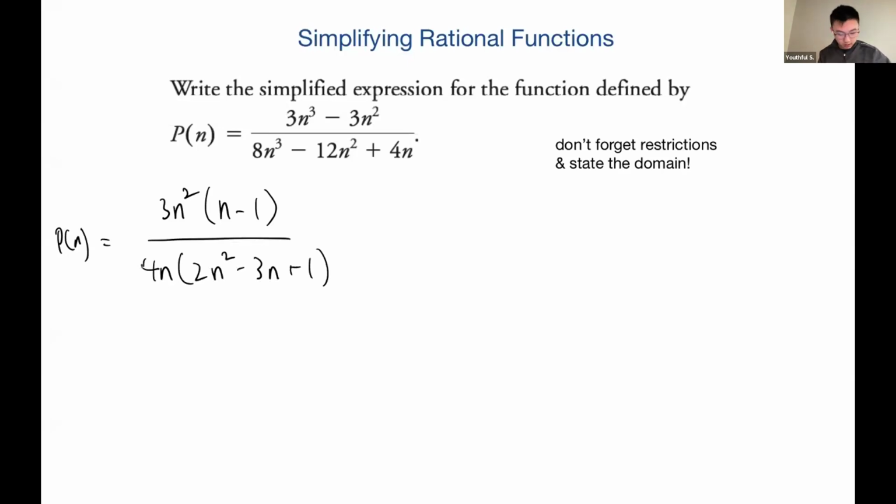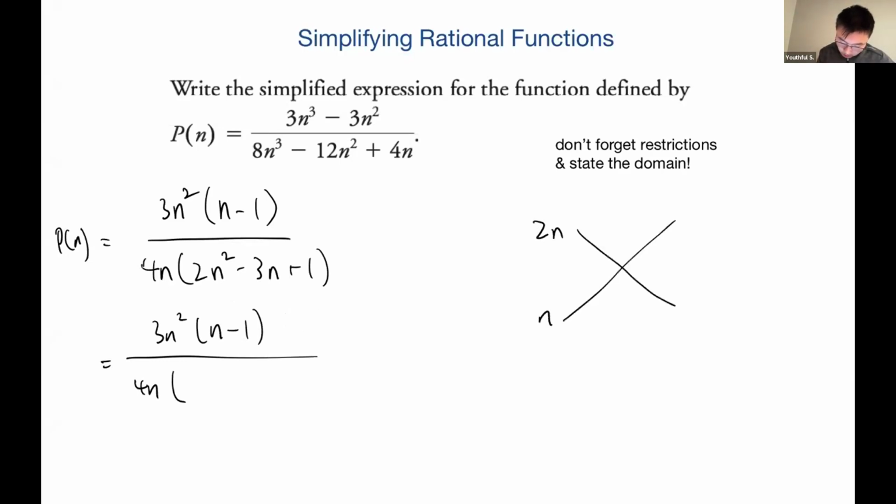All right. And it doesn't look like we can cancel anything out just yet, but this looks like it could be factorable. So I'm going to keep going. So 3n squared, n minus 1, 4n times, and here we can use the crisscross method. We probably have a 2n and an n.